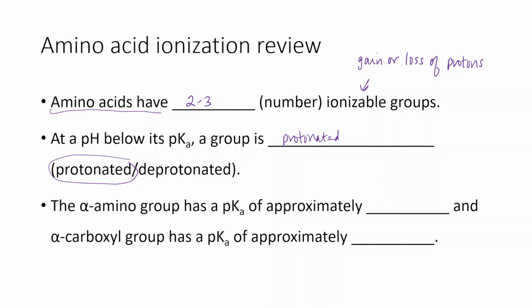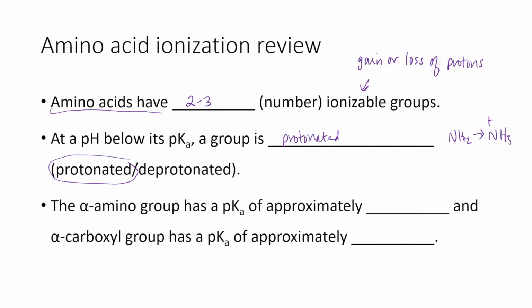So here's a thinking question. If a group is protonated, does that tell you what charge it has? I'm seeing some confusion and also some shaking no. And yeah, that's right, no. Some groups when they're protonated get a positive charge, like an amino group, right? They'll go from NH2 to NH3+.